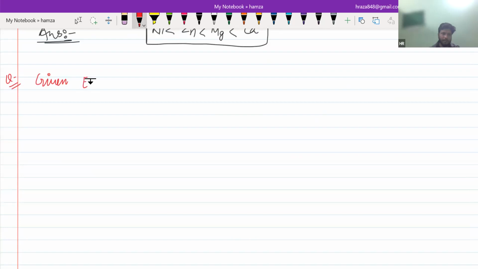Now, the next question. Given E naught Cl2/Cl minus is equal to 1.36 volt. E naught Cr+3/Cr is equal to minus 0.74 volt.